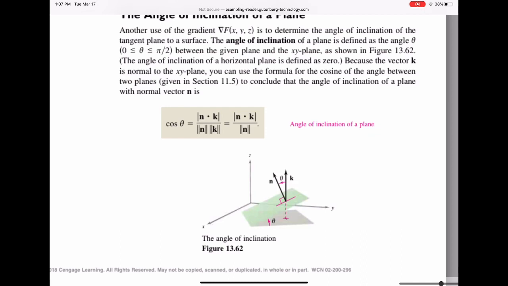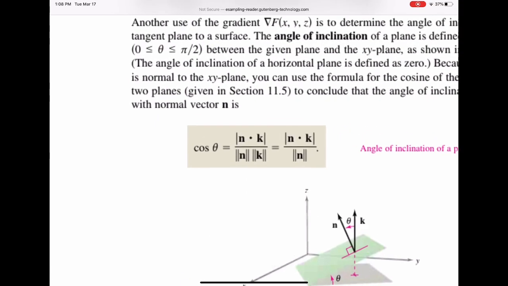So in order to find the angle theta, that means the angle of inclination of the plane, we just need to find the angle between n and k. Make sense? So we already have the formula from the very first chapter of this course. The cosine equals the absolute value of the dot product divided by the norm of n times the norm of k.